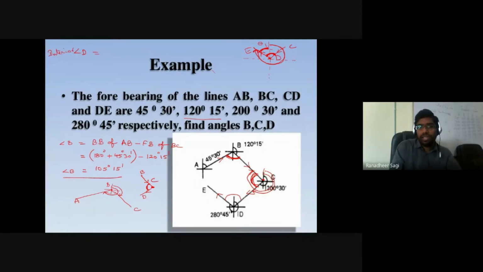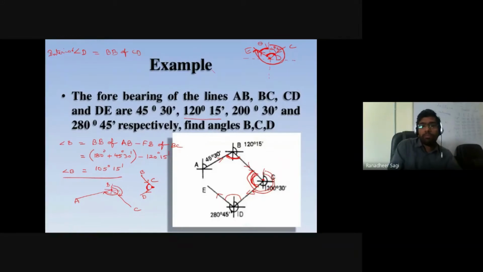The interior angle at D is the back bearing of the CD line, which is theta2, as I have represented in my sketch. Earlier I was talking about this angle, theta2, which I write as the back bearing of your line CD.